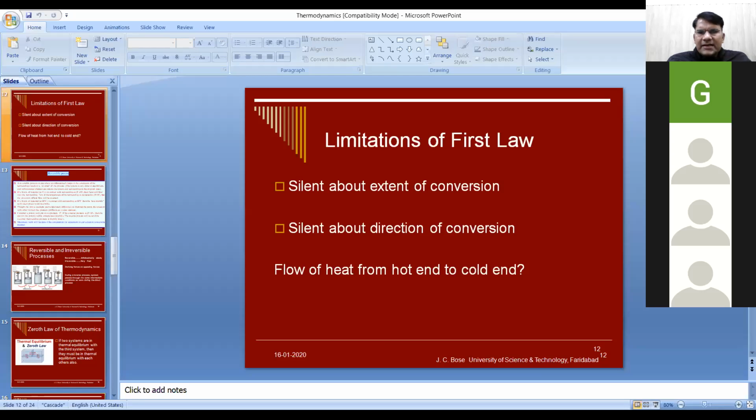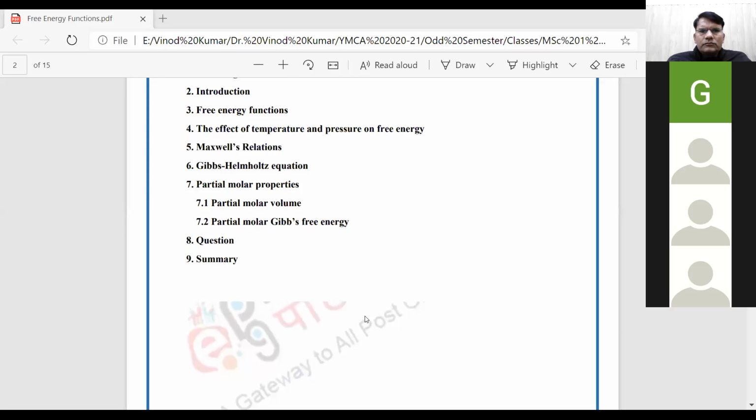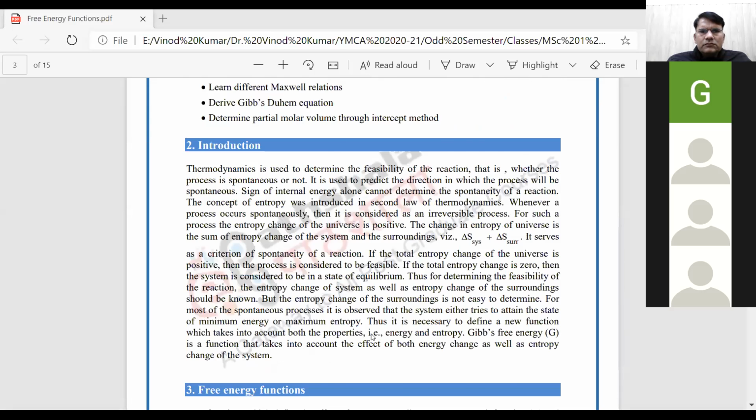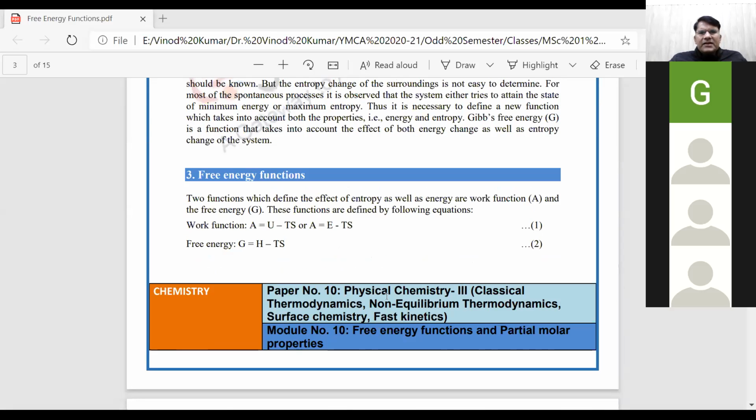Two free energy functions are there, and these free energy functions define the effect of entropy as well as energy. One is the work function A, and the other is the Gibbs free energy G.